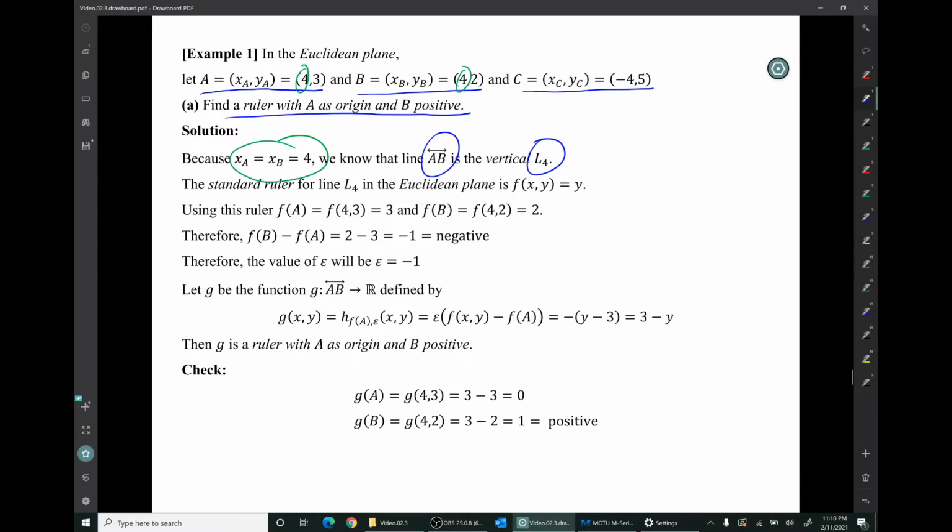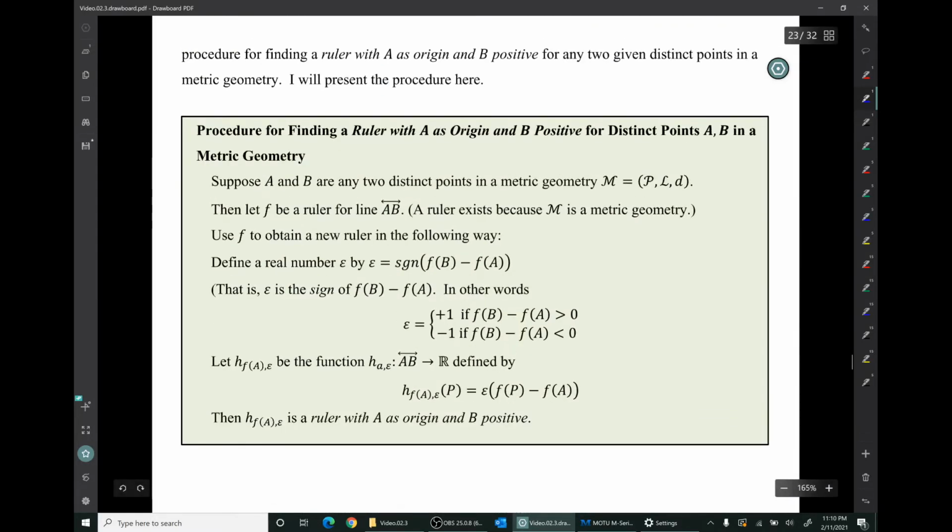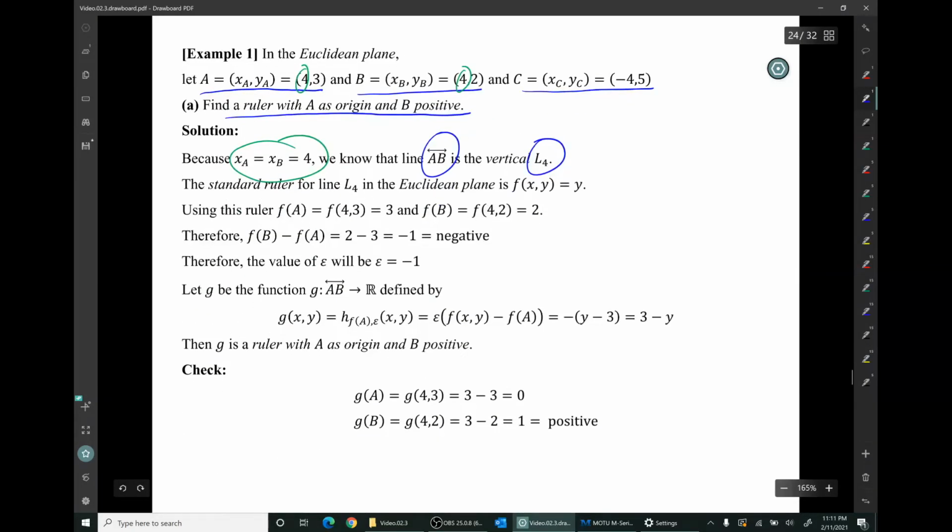Now remember our procedure. We are hoping to build a special ruler. We have to start by getting a ruler for line AB. How are we going to get a ruler for that line? Well, remember that we do have a source for rulers. We know that there are some standard rulers.